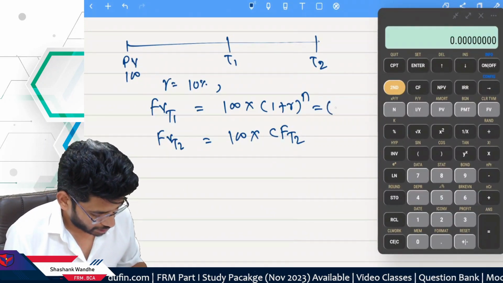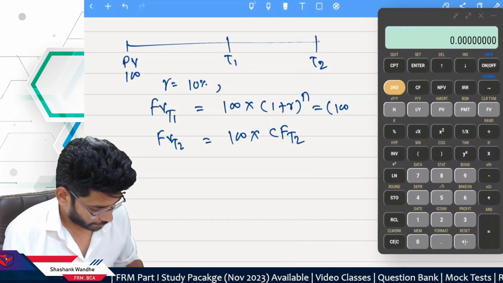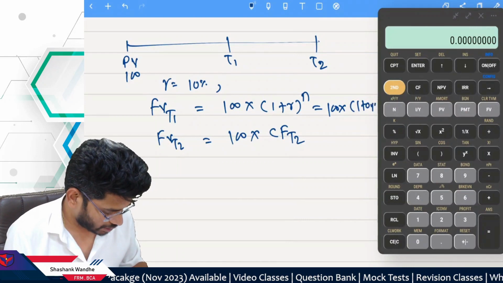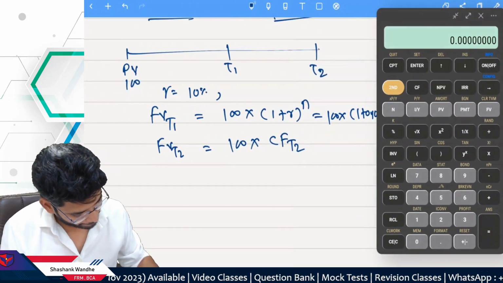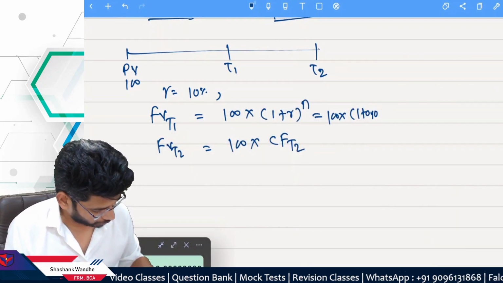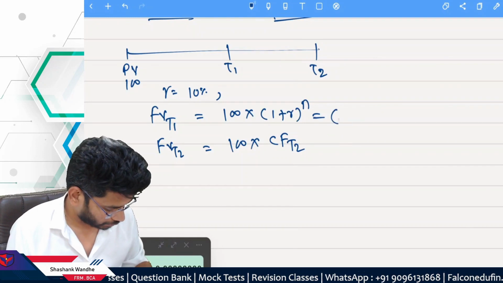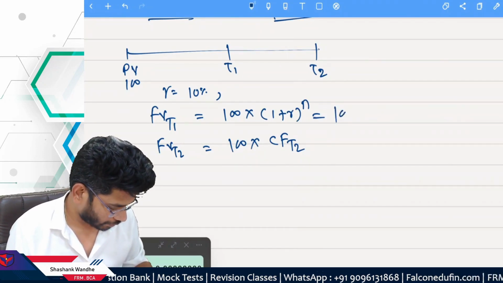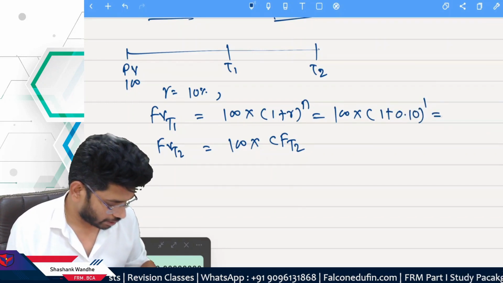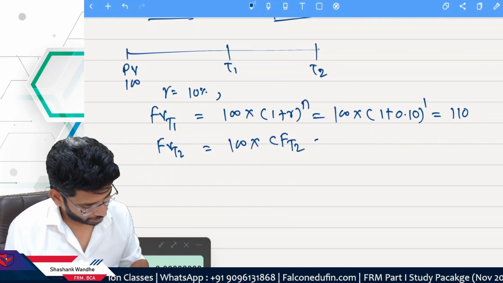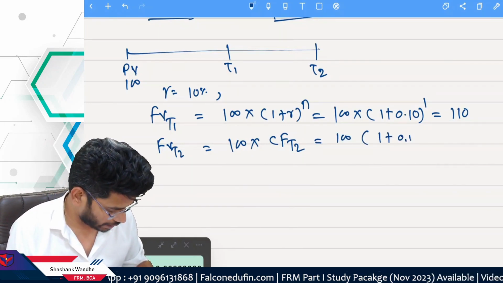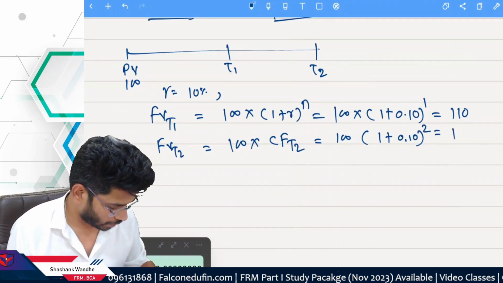So the answer is 100 multiplied by 1 plus 0.10 to the power 1. This will give you the answer 110. If you do this calculation for t2, then 1 plus 0.10 to the power 2 is equal to 121.